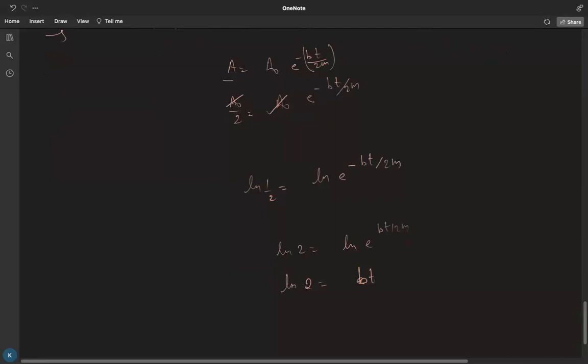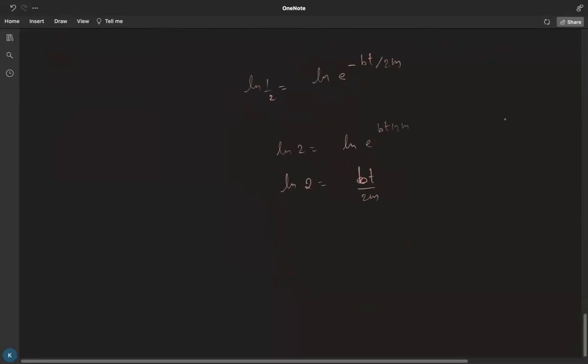Or you can say ln 2 is equal to bt by 2m, because we are using the log property. I hope it is clear because the base of the ln and the power are the same, so they will interchange and we will get bt by 2m.